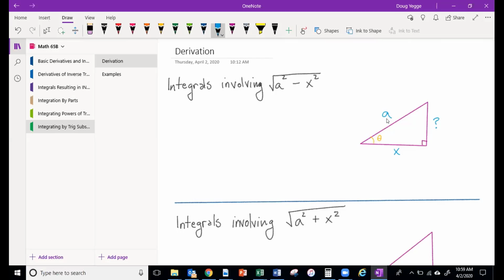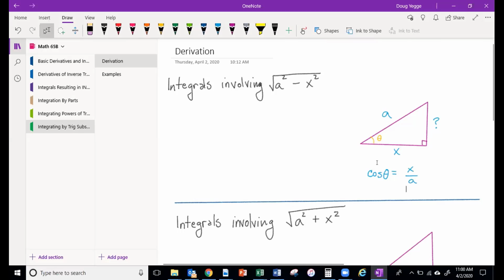Cosine? Cosine. So wouldn't that represent that cosine of theta is equal to the adjacent over the hypotenuse? All right, so that would give me cosine of theta is equal to x over a.